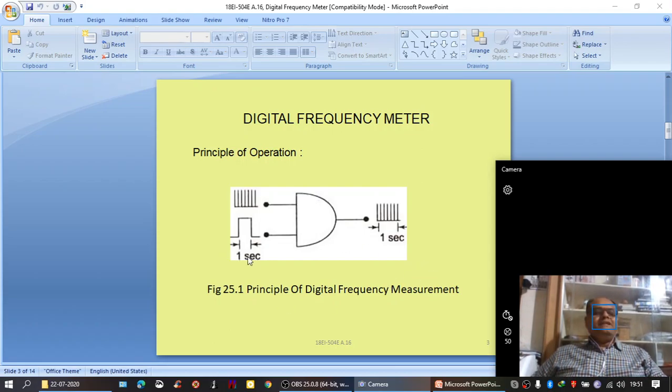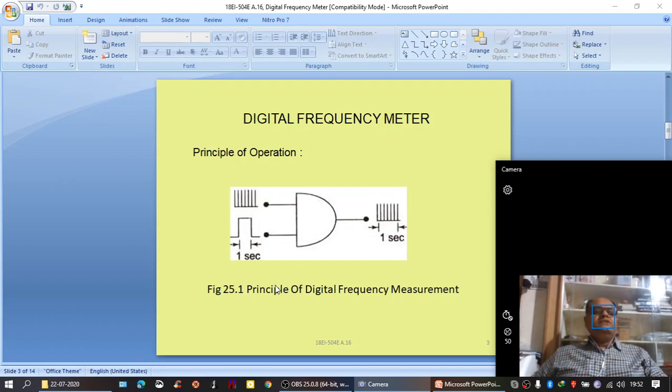If it is 10 seconds, then the counter has counted the number of pulses in 10 seconds duration. Then what would be the frequency? Suppose let capital N be the number of pulses counted, and small t be the gating pulse width. If the gating pulse width is 1, then obviously number of cycles divided by gating pulse width 1 gives the frequency.